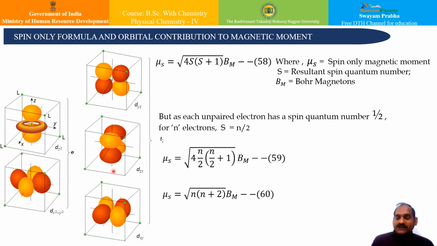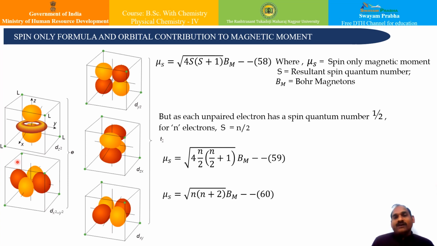However, the orbitals in the Eg set, that is dz square or dx square minus y square, you can see over here, and you can see their geometry also. From these figures you can see that they cannot be interconverted by rotation about any axis.